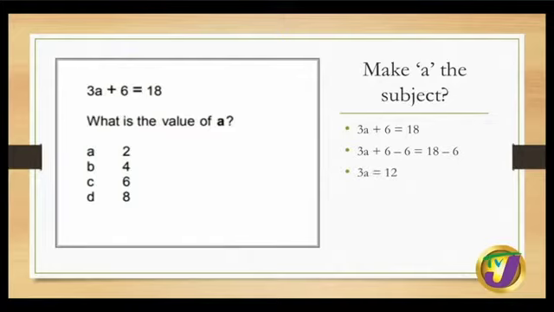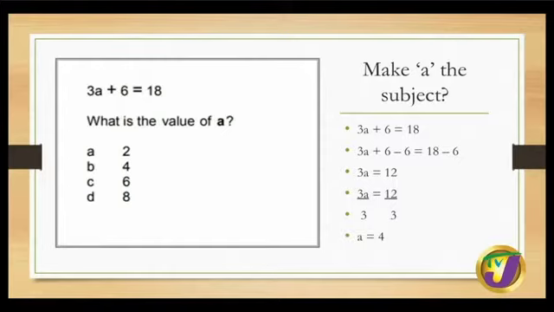What is happening to A? It's been multiplied by 3. Let us undo that multiplication. What is the opposite of multiplication? Yes, it is division. So we'll divide both sides by 3. 3A divided by 3 and 12 divided by 3 will give us A is equal to 4.